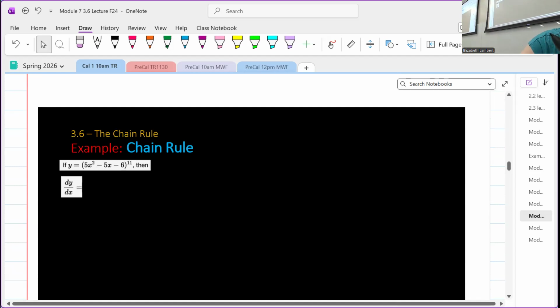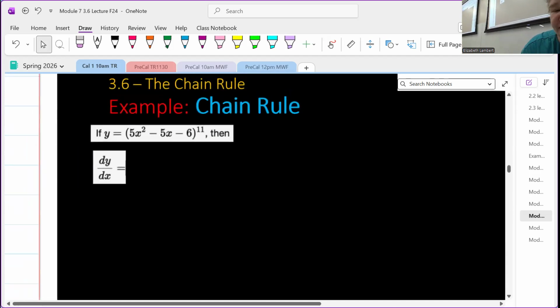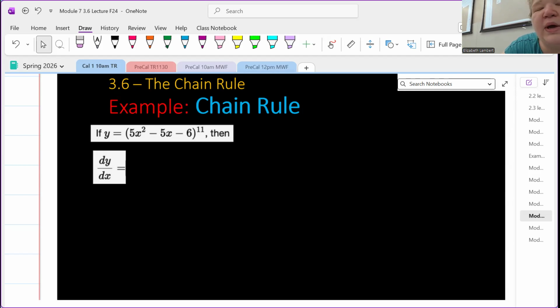All right, so when we look at this one, we have y equals the quantity 5x squared minus 5x minus 6, all raised to the 11th. Now, without the chain rule, we would have to break this apart as an 11-piece product, which gets real tedious.